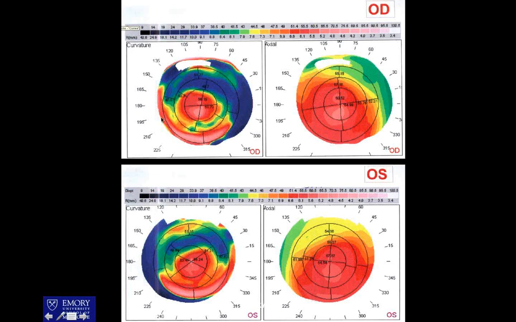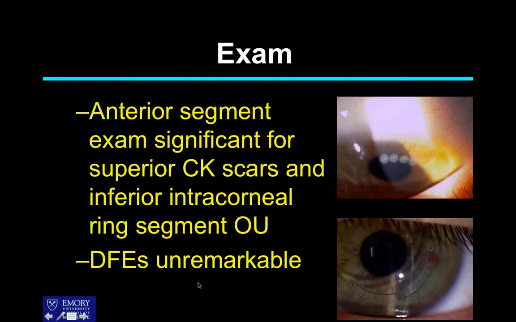This is where the inferior intact placement is located on the right eye, and similarly on the left side. These are 3 mm, 5 mm, and 7 mm circles out from the optical axis. Most of the information is located in the central 3 mm, and the central 3 mm remains quite aberrant in shape.